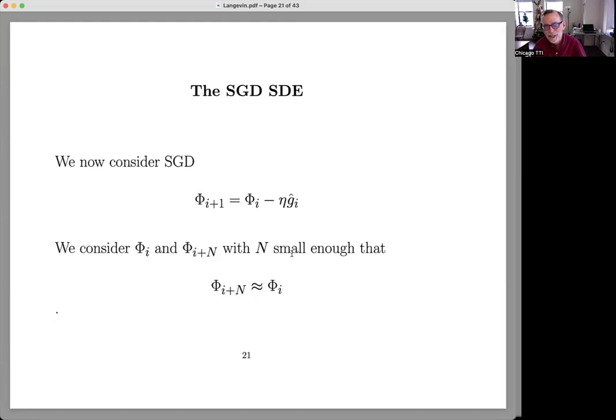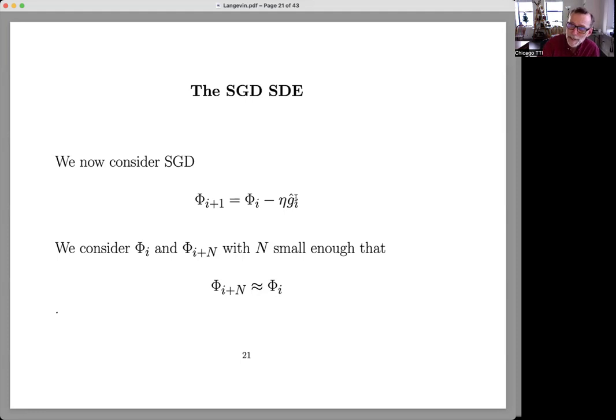Okay, now I started this by saying the motivation here was to have a better understanding of SGD, stochastic gradient descent. So let's consider stochastic gradient descent. So we have noise, and now I'm going to focus on the noise due to the fact that we've got a finite sample that we're averaging.